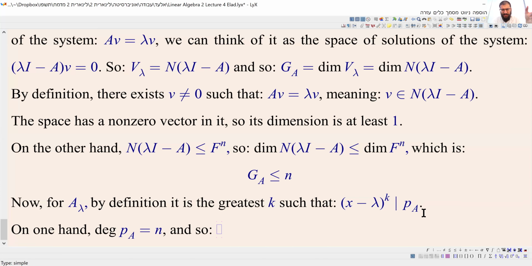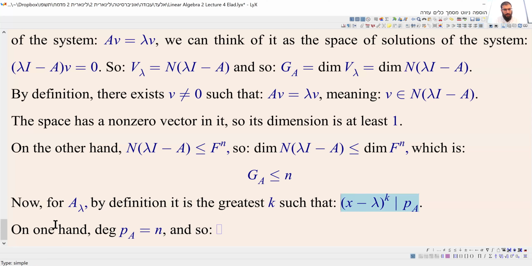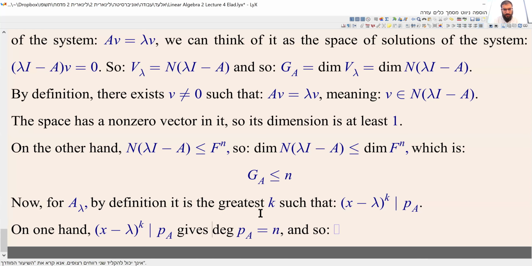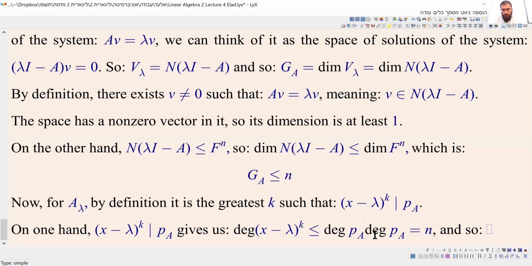I write it down a bit differently. On one hand, the division itself gives us that the degree of x minus lambda to the power of k is smaller or equal to the degree of PA.